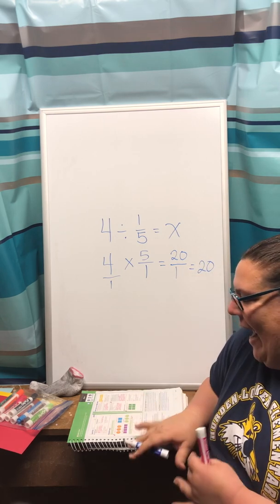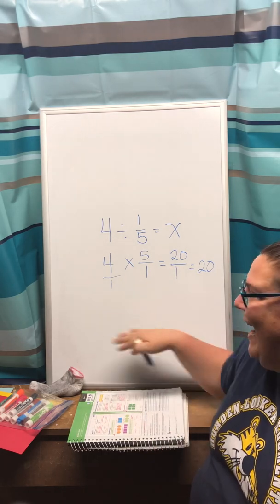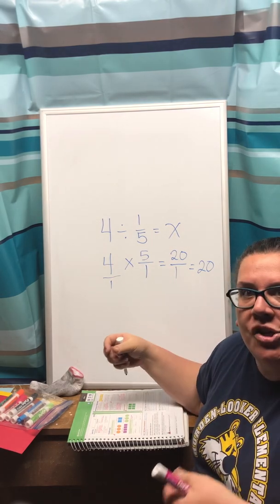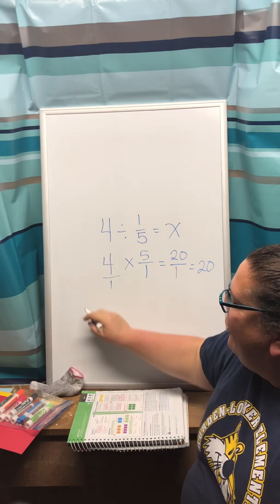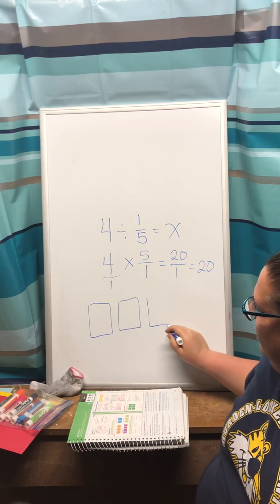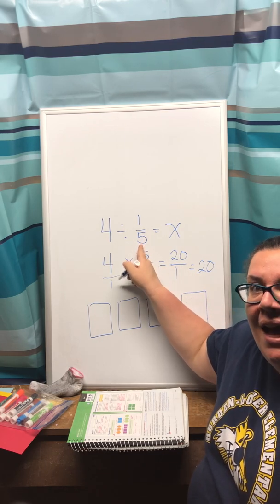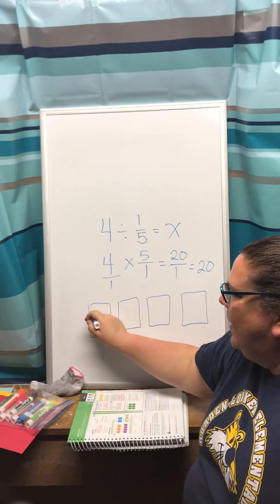Even though they don't ask for a picture here, I want to show you so that you can see why it happens, because it's not always enough to just say, flip my fraction over. I want to know why I'm actually doing that. So again, I'm starting with 4 of something. This is telling me to cut each of the 4 into fifths.